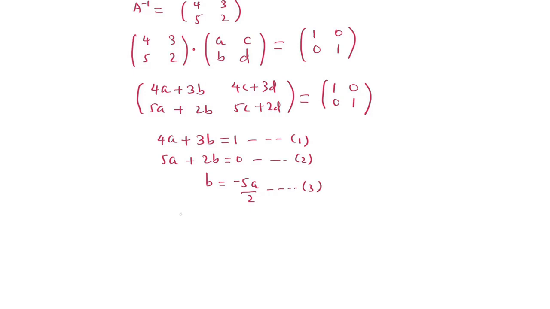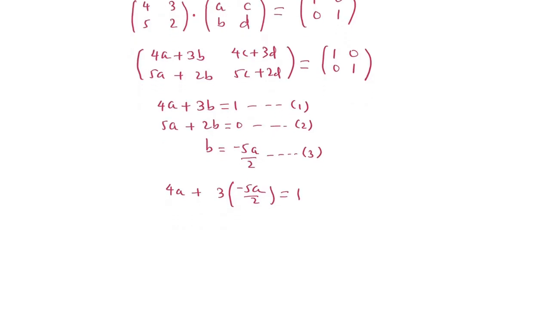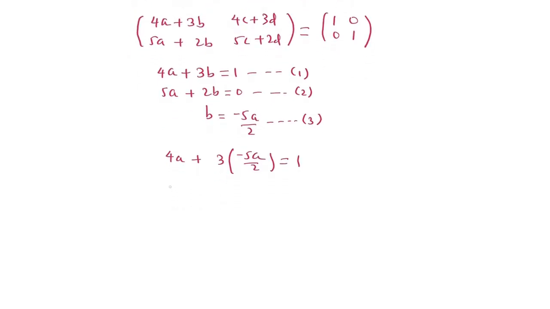Okay, so next, let us substitute the value of B in equation number 1. Then we are going to have 4A plus 3 in brackets negative 5A over 2 equals 1. Simplifying this, we are going to have 4A plus negative 15A over 2 equals 1.